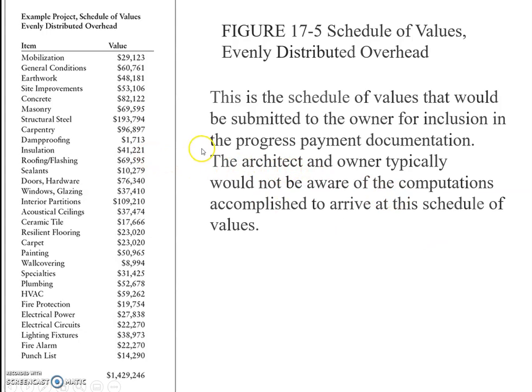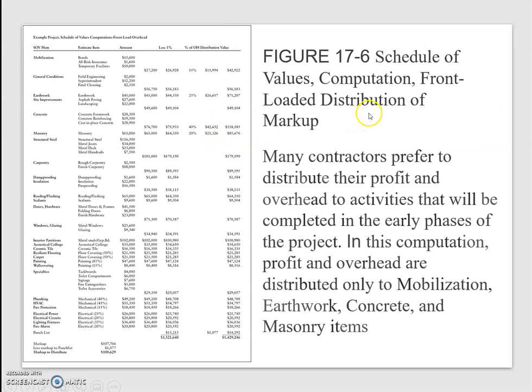However, there can be certain variations with that as well. So, for example, 17.6 is the schedule of values computations, in which we have something like the front loaded distribution of the markup. So many contractors prefer to distribute their profit and overhead to activities that will be completed in the early phases of the project.